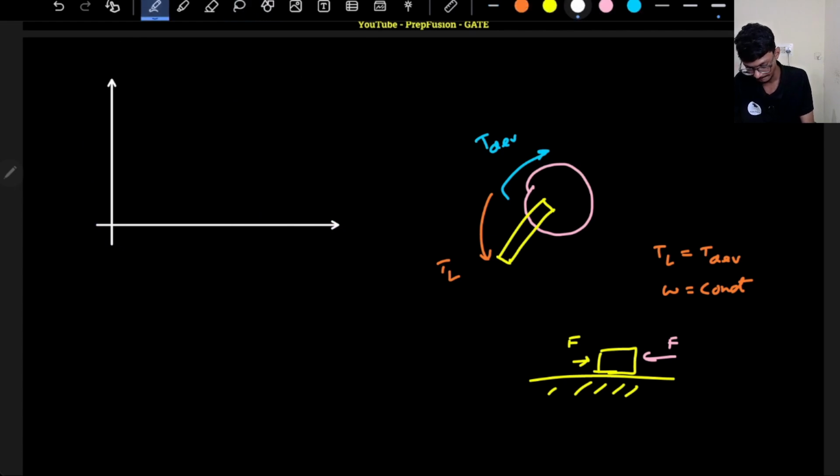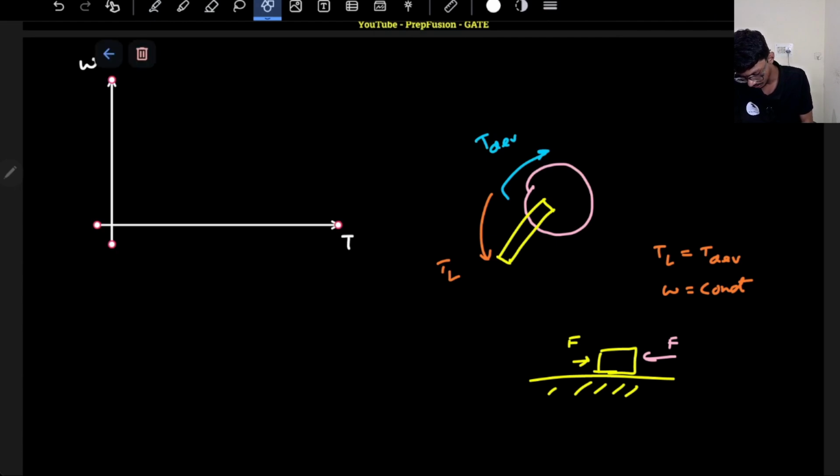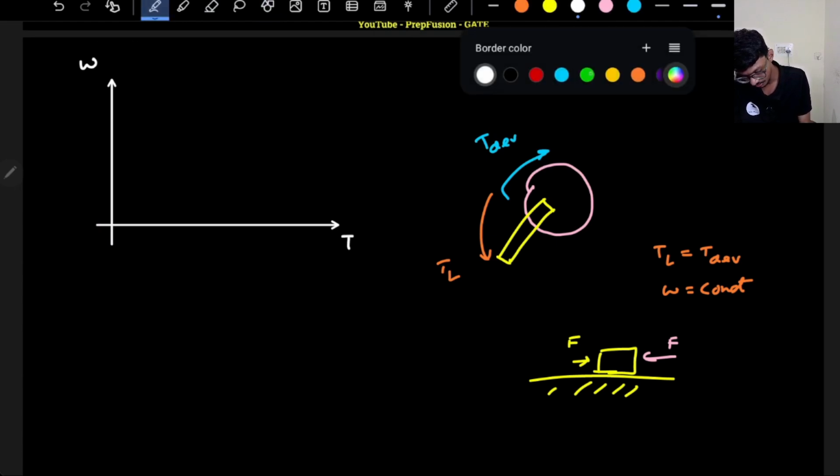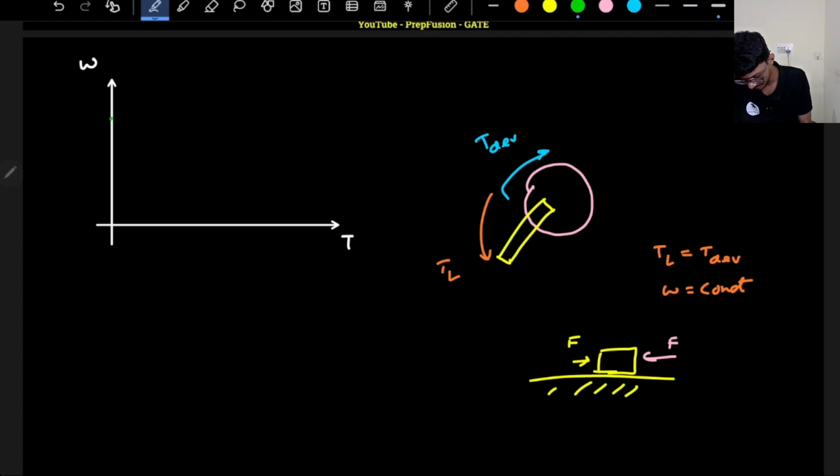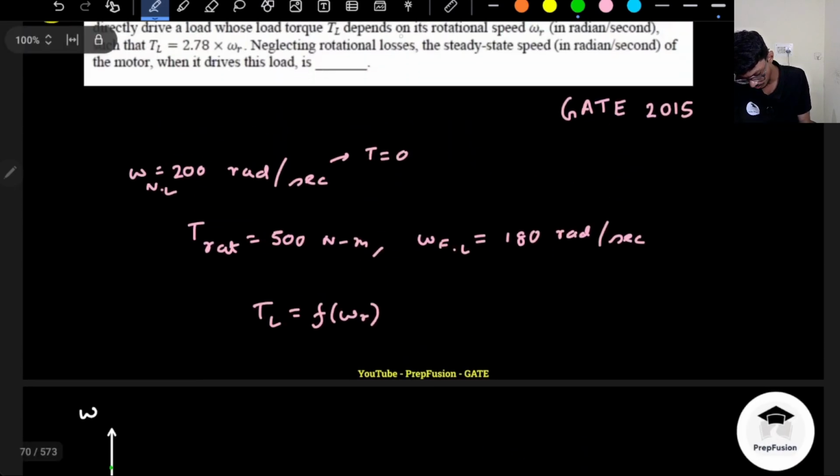So this will be the speed and this will be the torque, right? So in this case, the torque speed graph is somewhat like this: at no load, when the torque is 0, the speed is obviously the highest value, that is 200 radian per second.